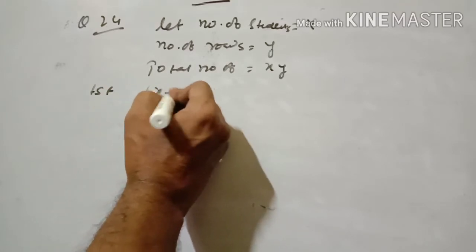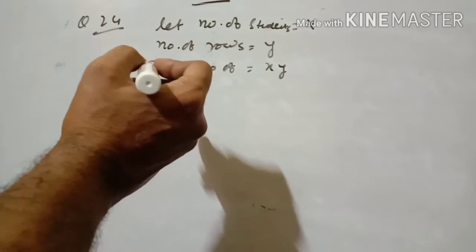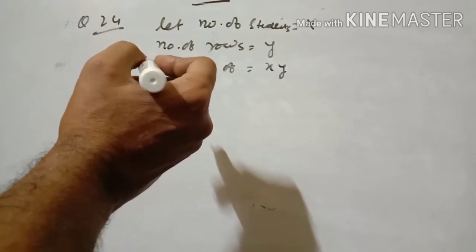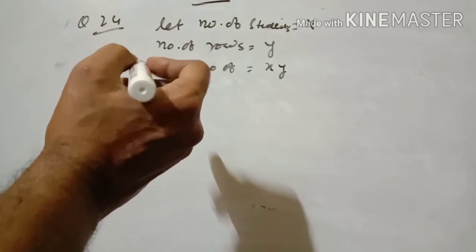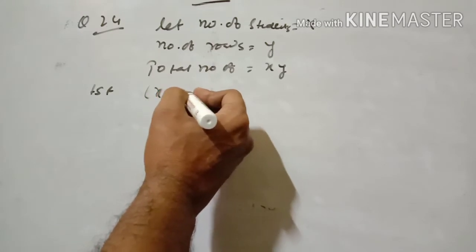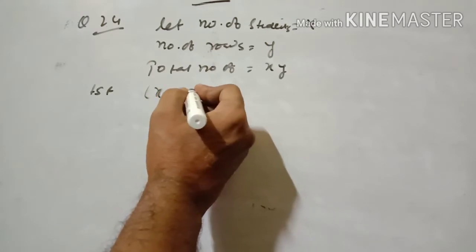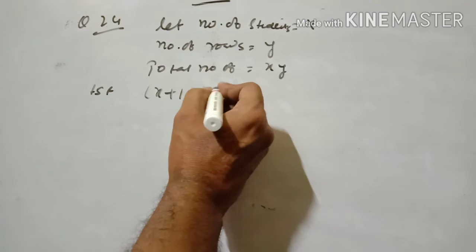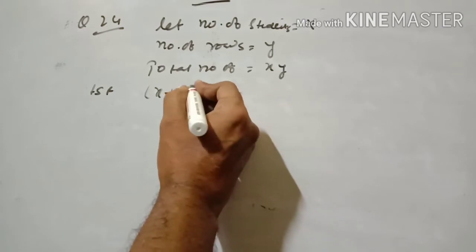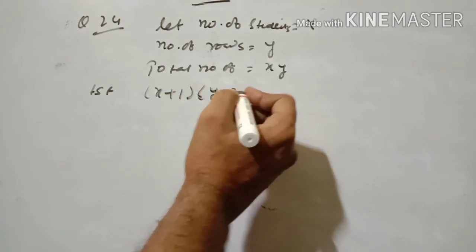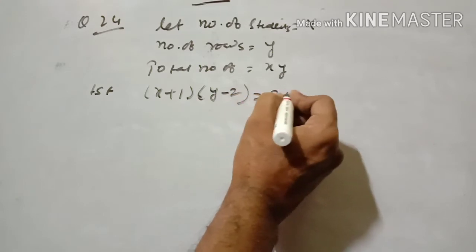If a class has one student extra in a row, means x plus 1, then the number of rows is less by 2. This equals the number of students, xy.